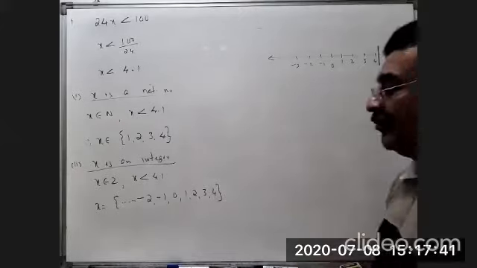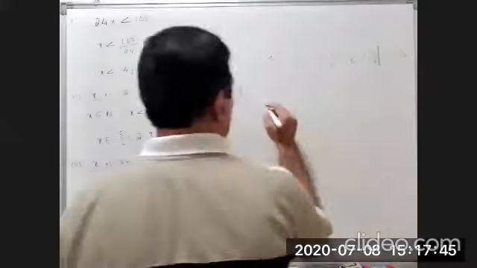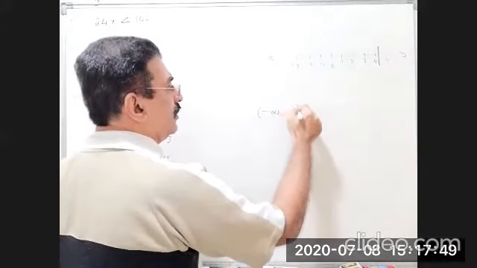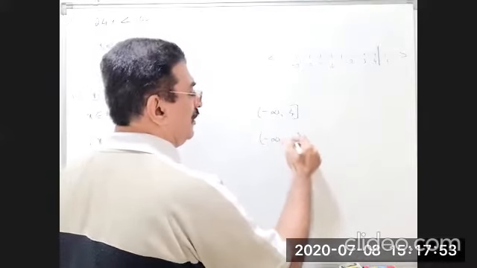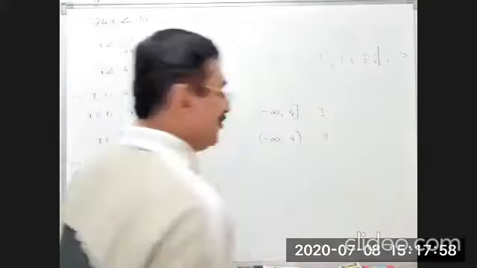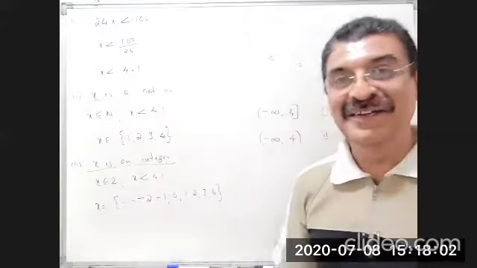This one, minus 2, minus 1 to 4, I wrote it. Then will it be this one, or will it be this one? First one or second one? Which one is correct?